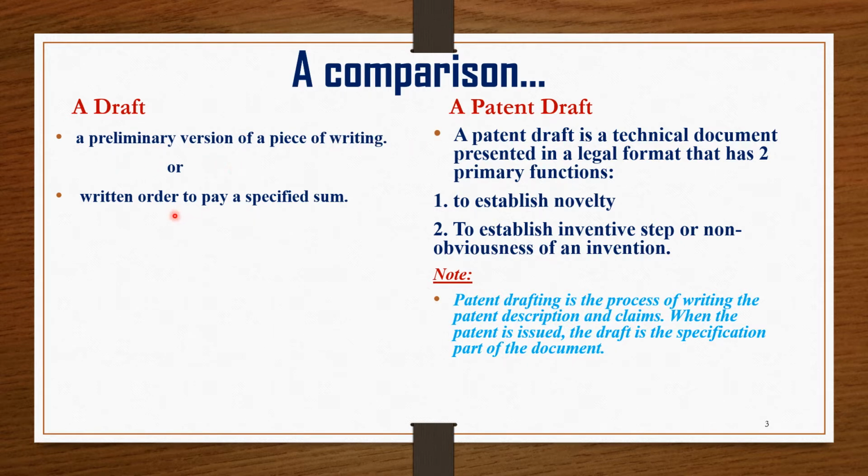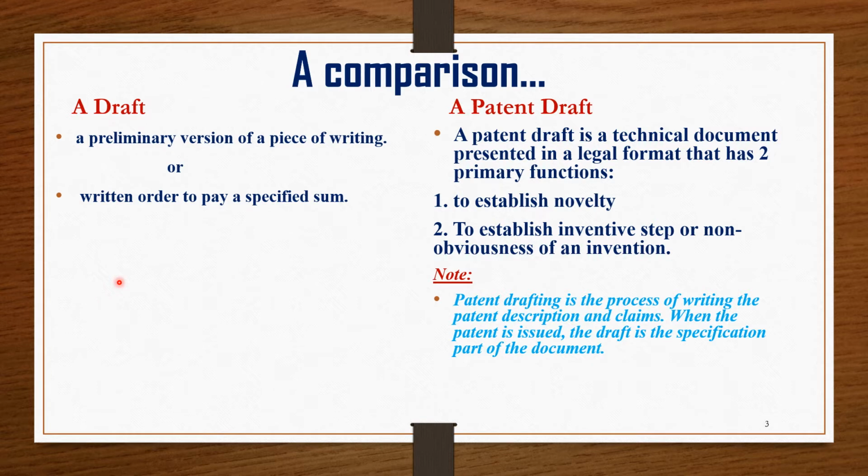Or we can say a draft is a written order to pay a specified sum. Fine. So this is the normal and literal meaning of draft. Now we will go towards what a patent draft is. Because this is the demand of our legal world, or the world of patents. Okay. Let us see.